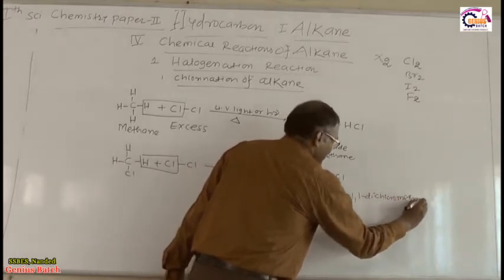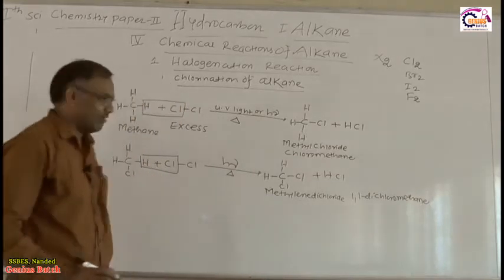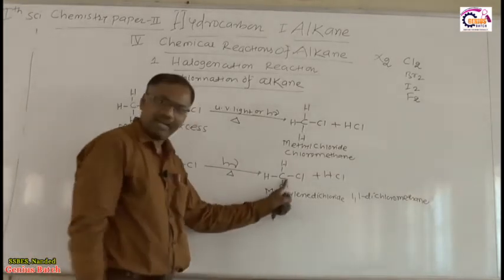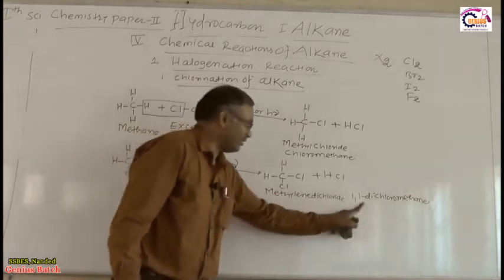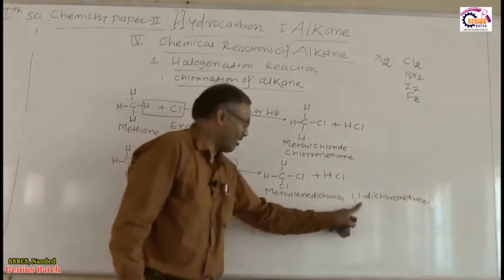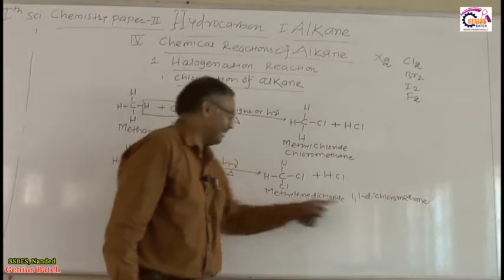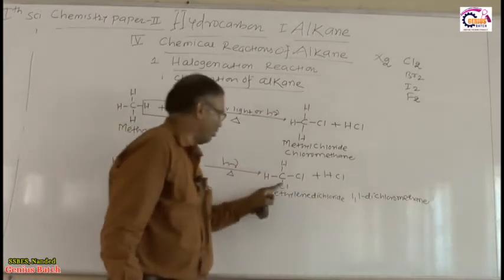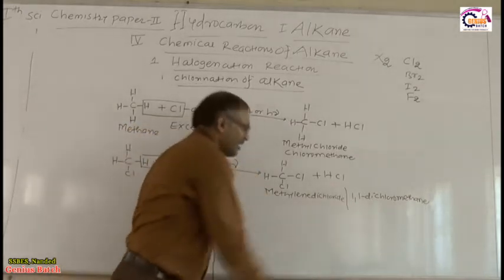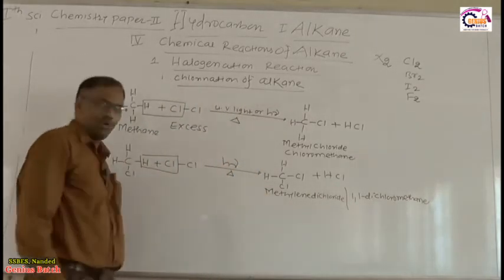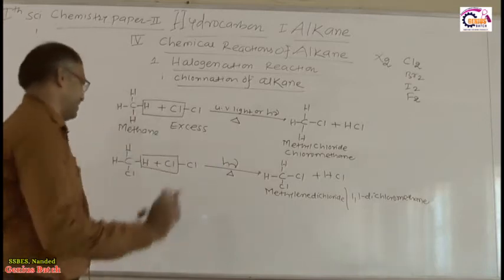This is the IUPAC name, right? 1,1-dichloromethane. So this is the one carbon, two chlorines are there, one for this chlorine, one for this chlorine, 1,1. Two chlorines, di. Chlorine is there, chloro. One carbon is there, methane. So this is the IUPAC name, 1,1-dichloromethane. This is the second step.